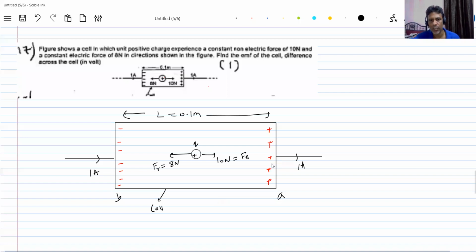So what all you have to find out? The EMF of the cell and the difference of voltage, meaning terminal voltage. Now you have to work out some work done, what we discussed.